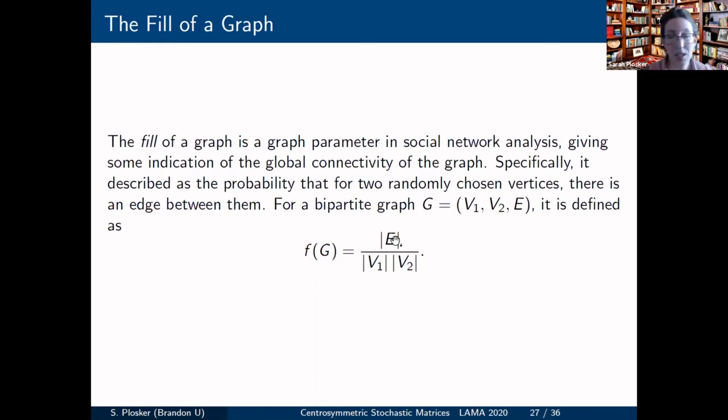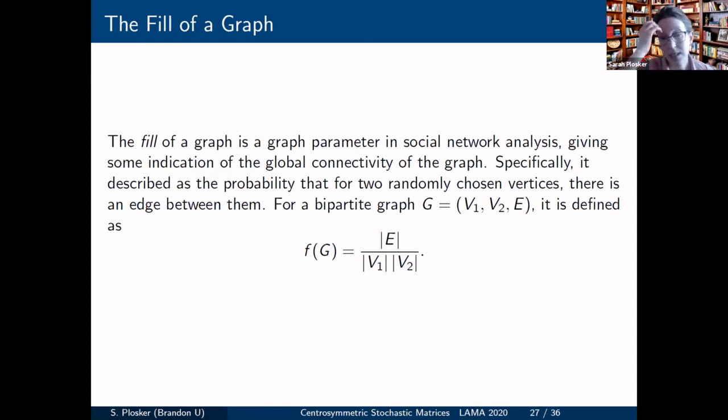So the fill of G is equal to the size of the edge set divided by the size of the first vertex set times the size of the second vertex set. So this gives the probability that for 2 randomly chosen vertices, there's an edge between them.